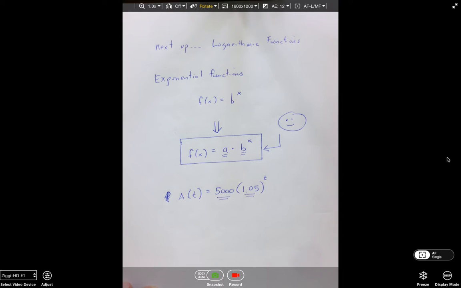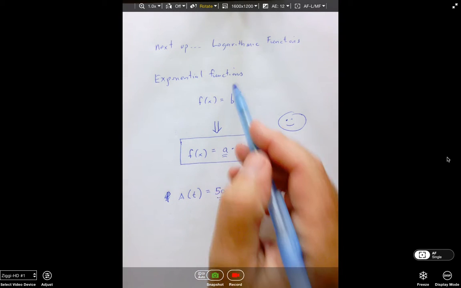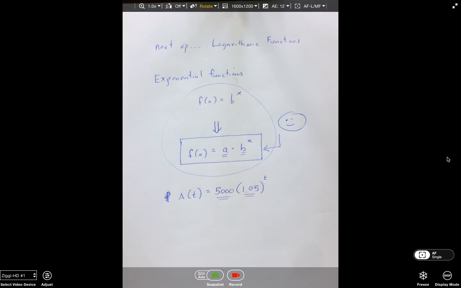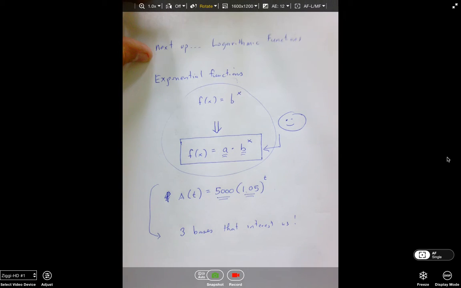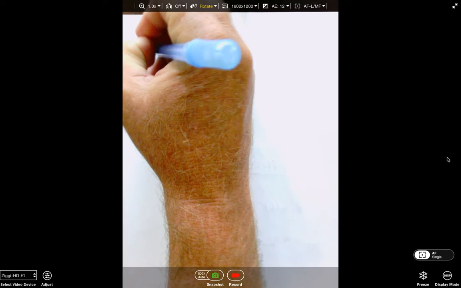Okay, guys, having said that, regardless of which we have, there are essentially three bases that we want to be able to examine separately.